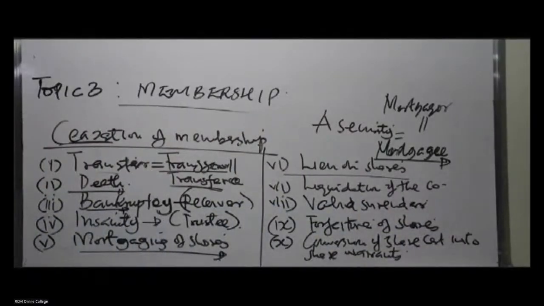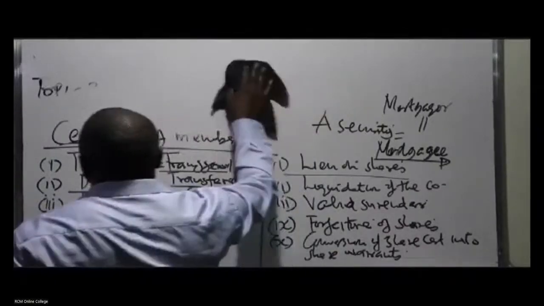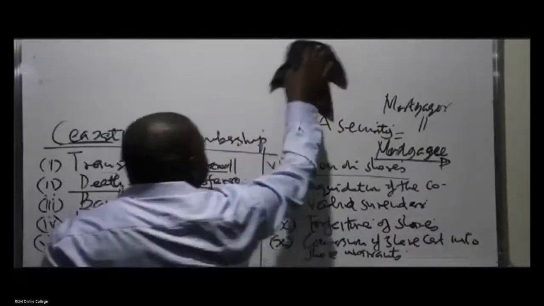We have what? Lien on shares. When you talk about lien on shares, we have this friend of ours known as Benedict. Benedict is a very aggressive person.